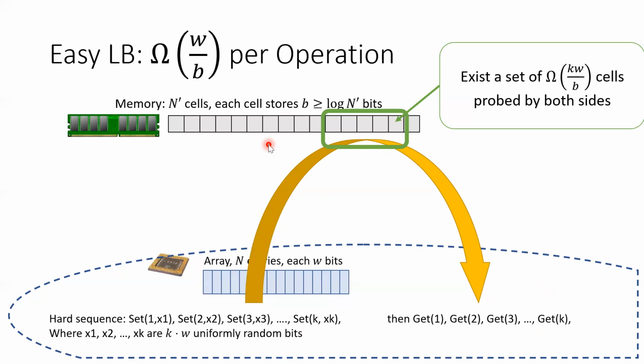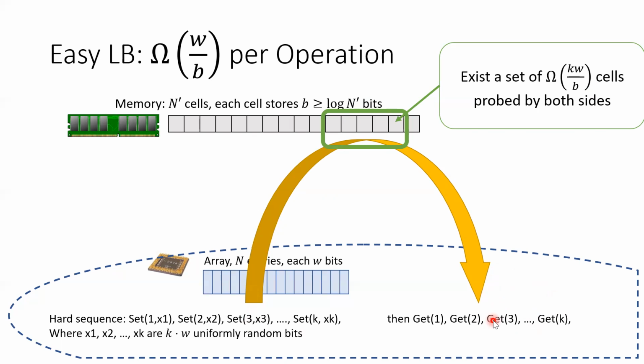So the number of overlapped cells must be large enough so they can transfer to the memory and then from the memory back to the processor side.